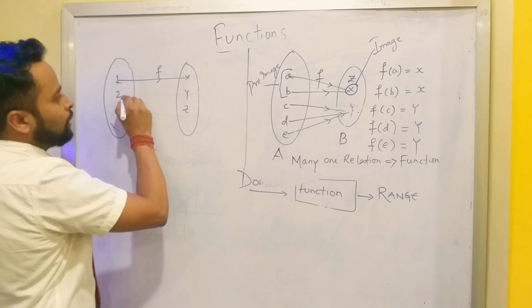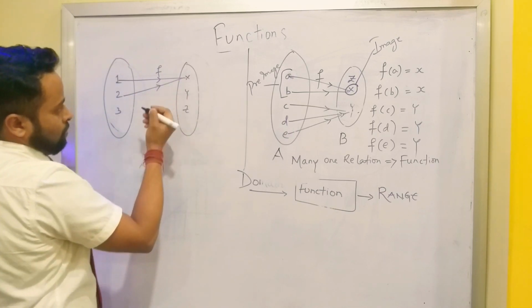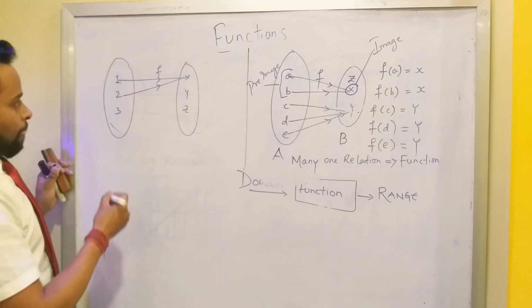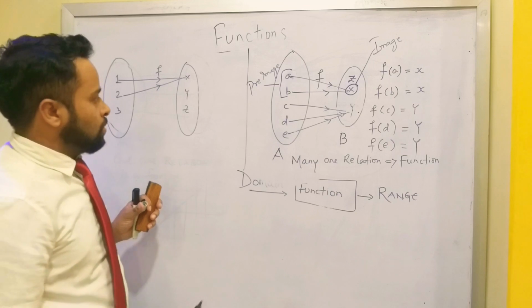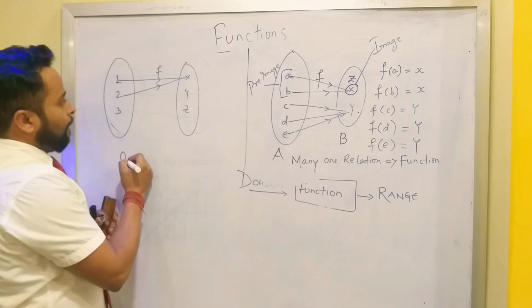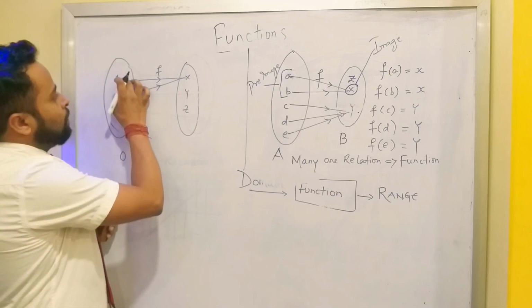I put 2 in the function, I get x. Now, two different objects have the same image, that is, this is many to 1.